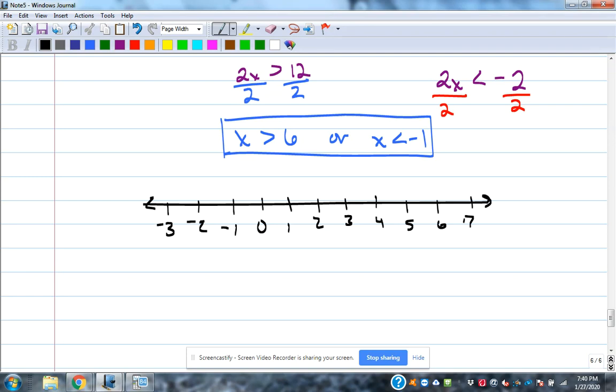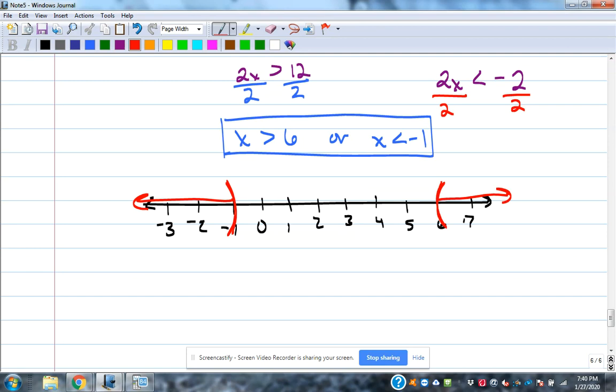Okay, so on the 6, it's x is greater than 6. So that's going to be a parenthesis opening up and to the right, because those are the numbers that are greater than 6, 7, 8, 9, this direction. When I go to the negative 1, it's going to be a parenthesis opening up to the left and an arrow going to the left. And that shows me all the numbers that are less than negative 1, negative 2, negative 3, all the way down.